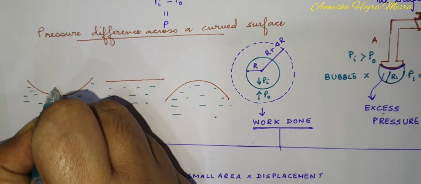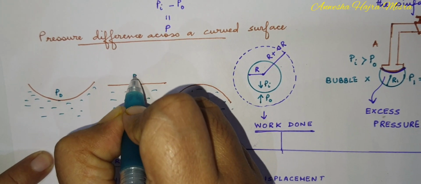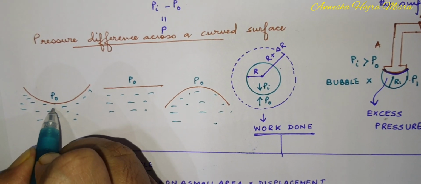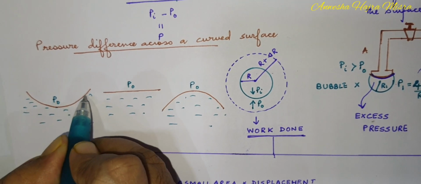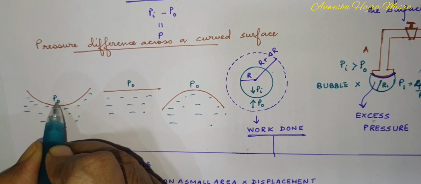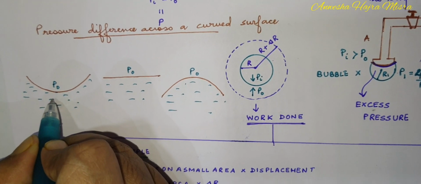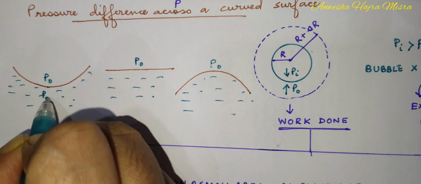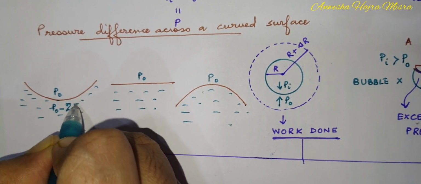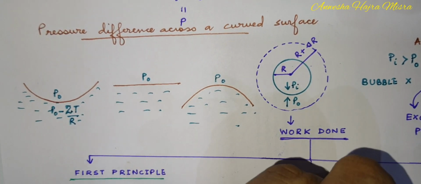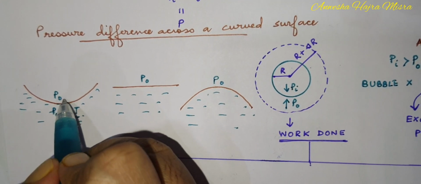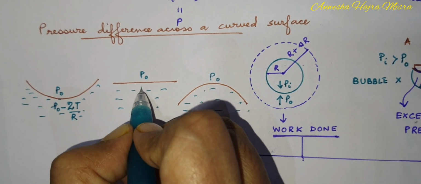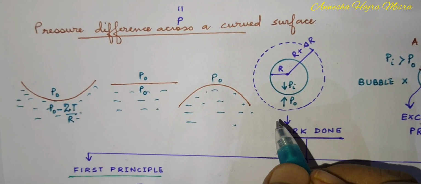Here you see the atmospheric pressure is P0 because it is open to the atmosphere. Now just beneath, as this has gone inside, the pressure here will be less. So what will be the pressure here? It will be P0 minus 2T by R. Just now we have done that the excess pressure is 2T by R. Here the pressure is more, here the pressure is less, and here on both sides the pressure is the same.